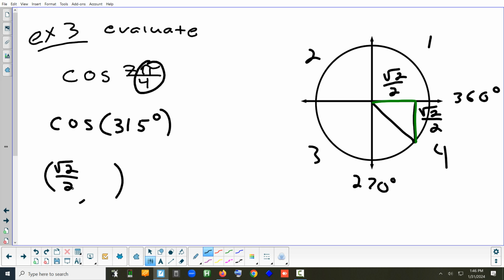Yep, this time only one of them is negative because we went right. That's positive, and then down, so negative. Now they are different, so if you mix them up, we're going to get it wrong. Okay. What's the cosine of 315? Square root of 2 over 2. Yes, cosine is the x value of your coordinate, which is root 2 over 2.